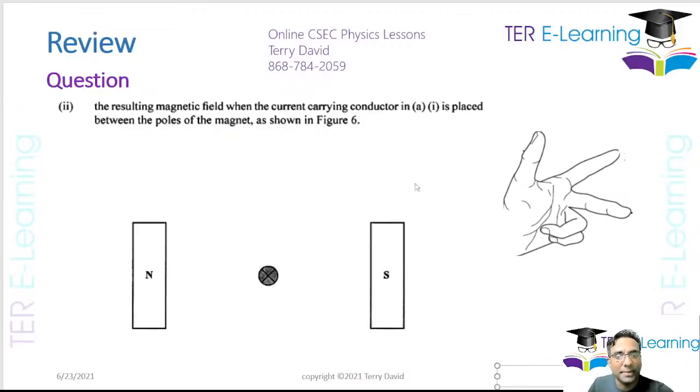What's happening is that the field is from north to south, so my index finger is pointing in that direction. My second finger is pointing into the paper. So therefore, the force acting on this wire here is downwards. So try to use your left hand rule and see if you're getting that, guys.